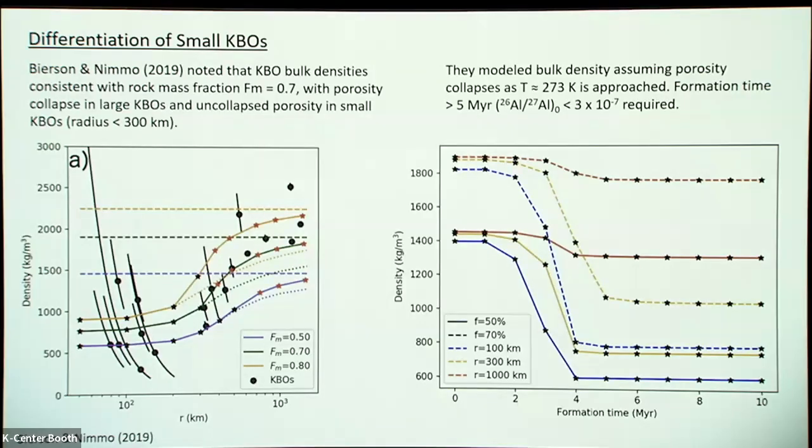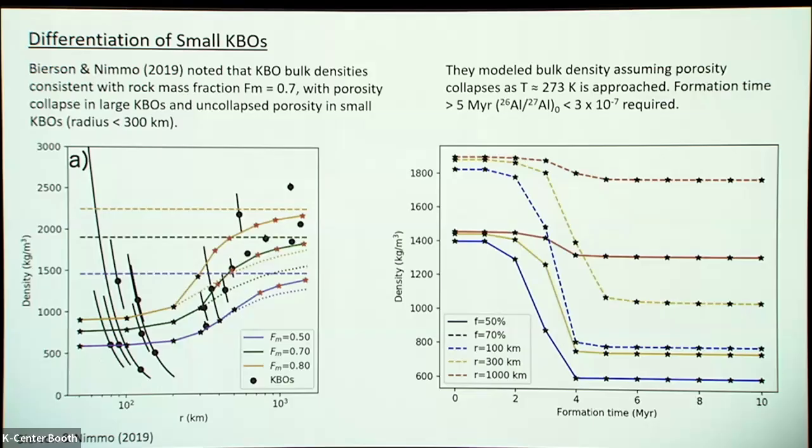And there's this plot, this paper by Pearson and Nimmo, which is really great. It looks at the mass and radius of Kuiper Belt objects for which we have reasonably precise data, and then infers a bulk density as a function of their radius. And so we've seen this plot before, that small bodies less than 300 kilometers do not seem to be very dense.